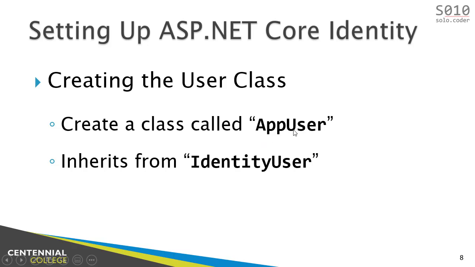So we are creating this class here called app user, and app user will inherit from identity user. Again, why am I showing that? Because I want to show how you can potentially expand the basic properties available on the identity user class that comes by default. So you can inherit and you can enhance there.